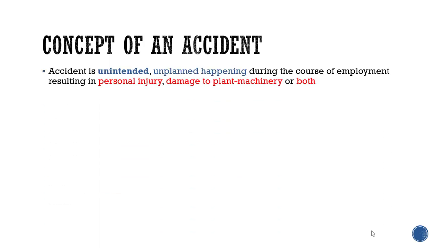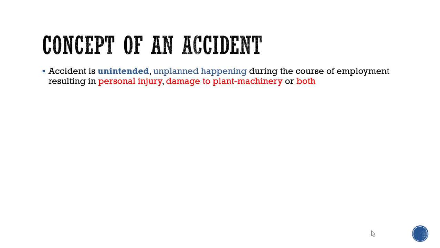So let us begin with the concept of an accident. So what is an accident? Generally, an accident is unintended. Nobody wants this to happen. It is an unplanned happening during the course of employment. While you are working, something may happen. That is called an accident. So what would happen if somebody met with an accident?